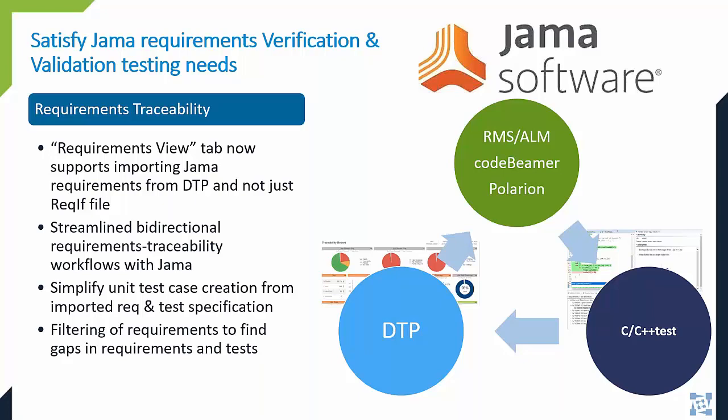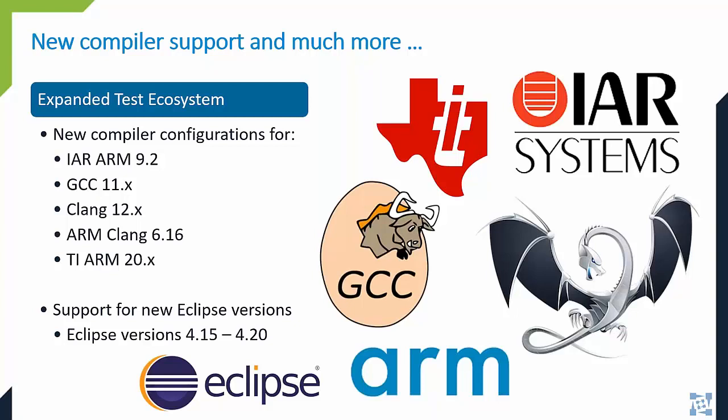Now, we're always adopting new compilers because embedded ecosystems are always evolving. Our customers deploy new development solutions, so we need to keep in step and offer them seamless static analysis and unit testing using our solutions.